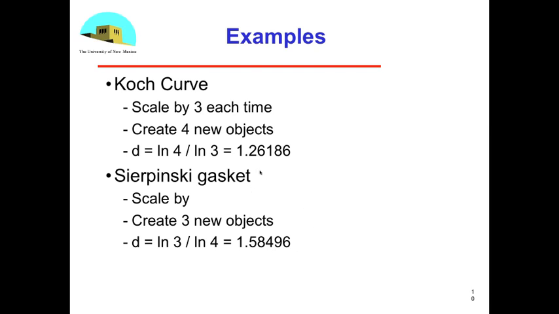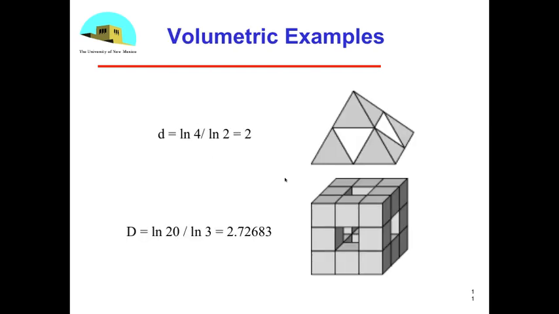Now, what if I do this in 3 dimensions and start creating subdivisions like we did with the cube? Well, we already saw one example, which was the 3-dimensional Sierpinski gasket. In this case, I take 4 subtetrahedra from the original tetrahedron.